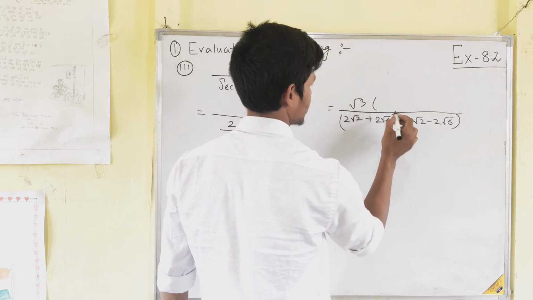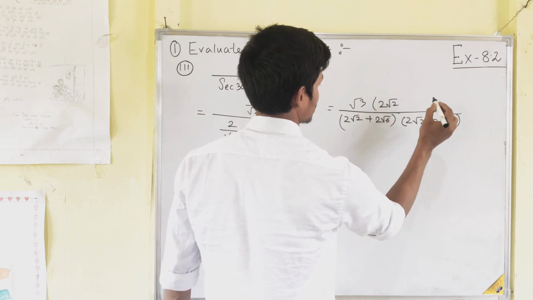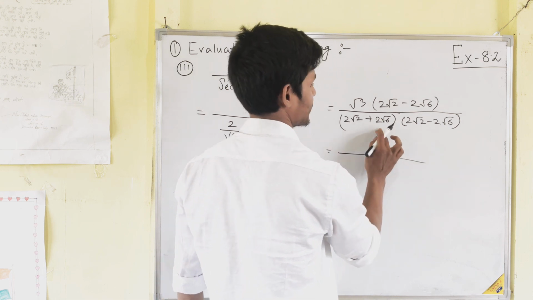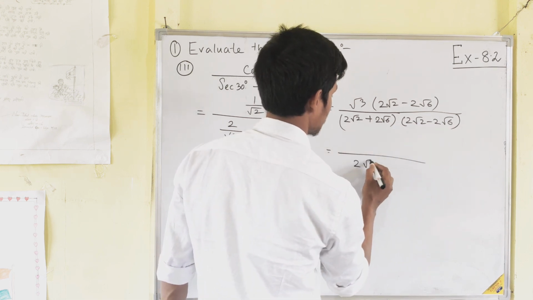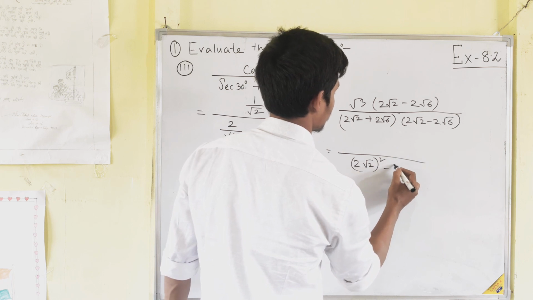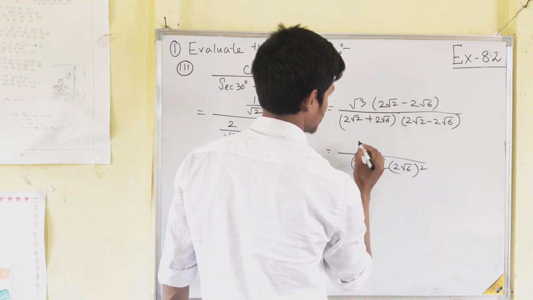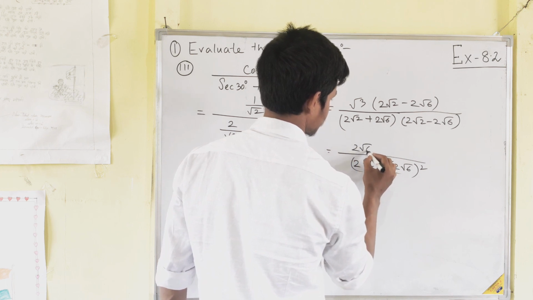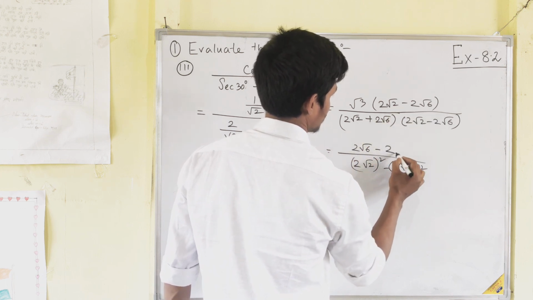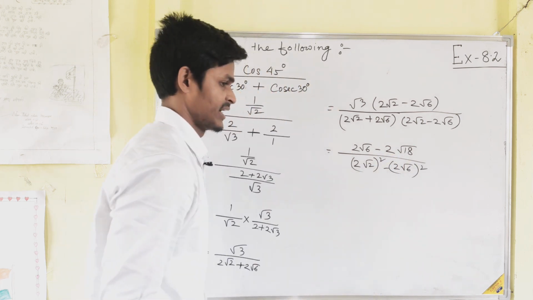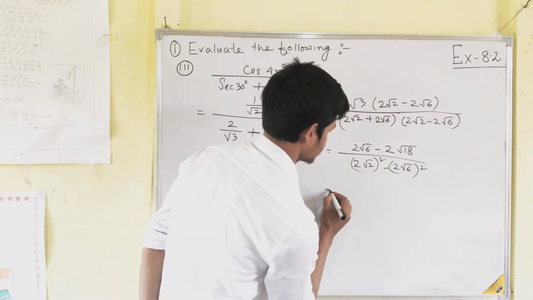That is root 3 into 2 root 2 minus 2 root 6. Now you see here a plus b into a minus b is the formula of a squared minus b squared. 3 into 2 root 2 is 2 root 6 minus 2 into 6 3s are 18. So you write here 2 root 18. Okay.